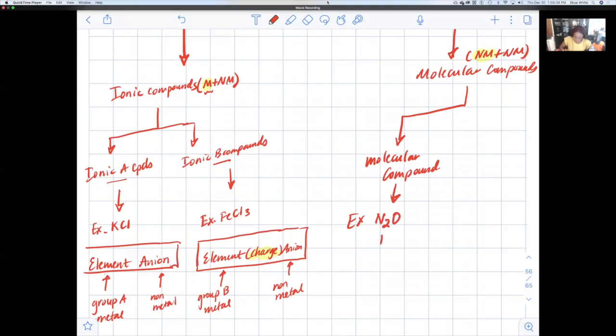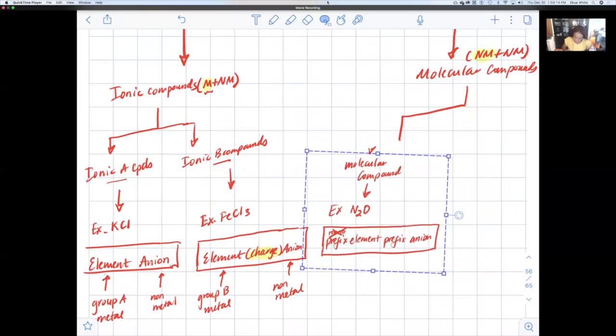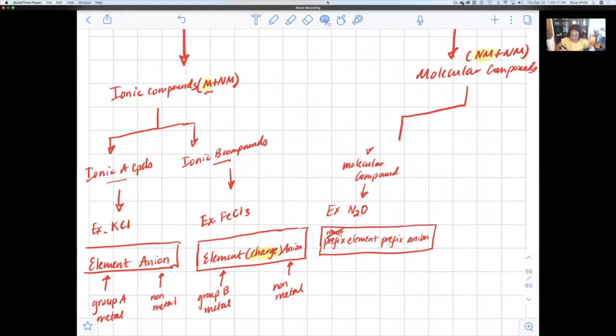The template for naming this is, of course, prefix, and I write here mono, X out, element, prefix, anion. Oh, I need space. Okay, how do I make this smaller? I try to make it smaller, but I have a knack for writing really large. There. Okay.